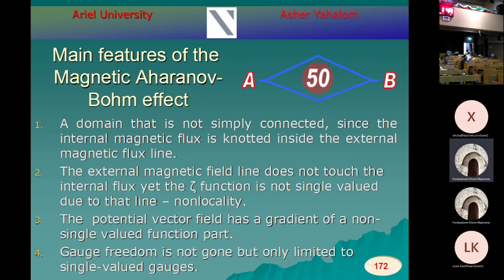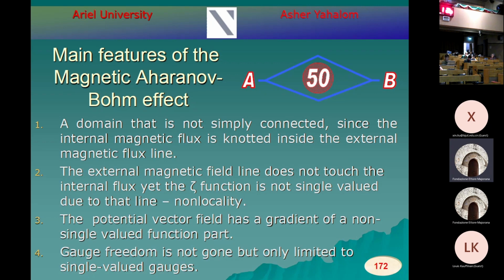So you can call it a magnetic Aharonov-Bohm effect, and it has many similarities. You have a domain that is not simply connected, since in MHD you always have magnetic field lines which are knotted.